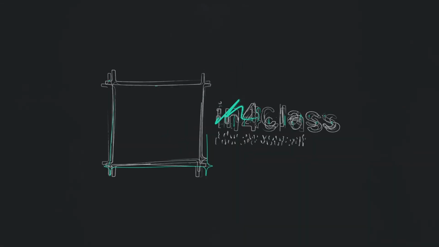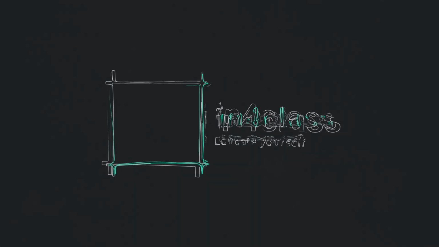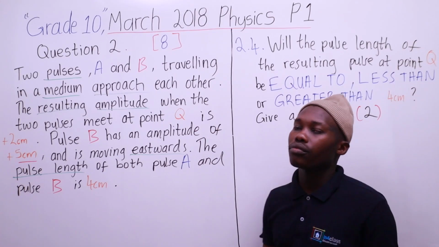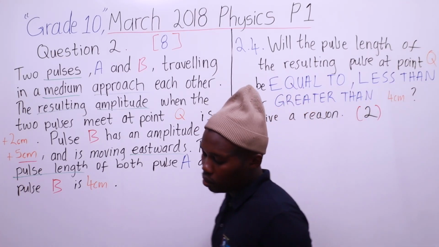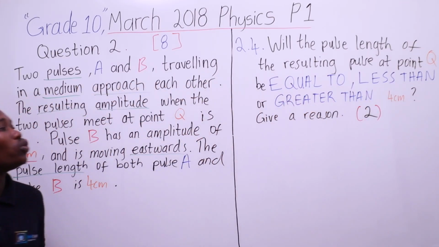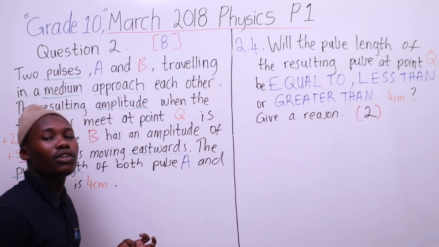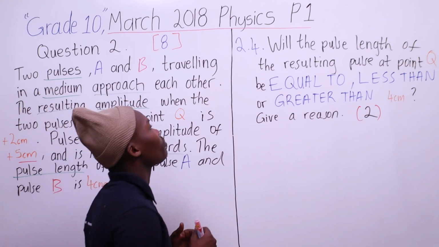Yabo? Now we open to question 2.4. Okay, now the last question in question 2.4, worth 2 marks, which means in this question 2 my questions are 4, worth 2 marks each.